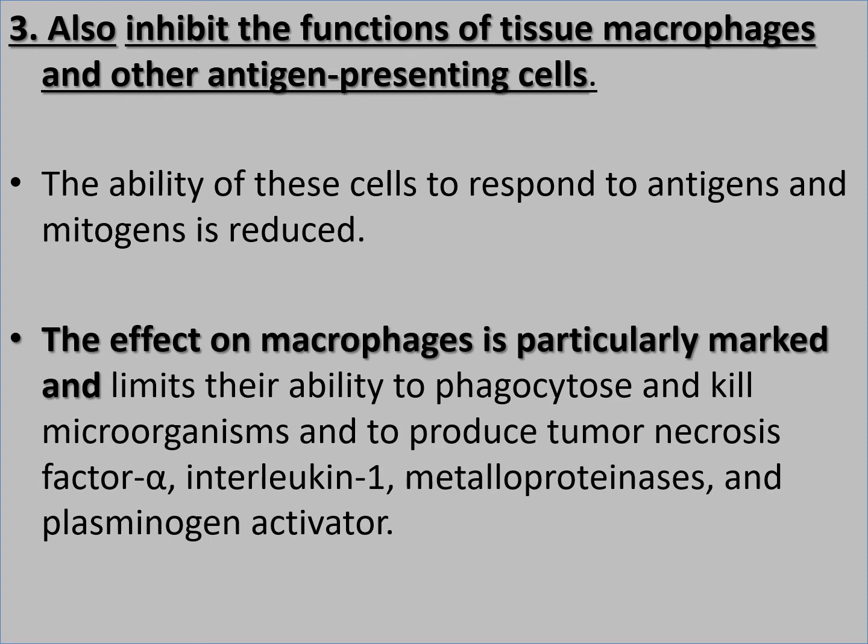That's why glucocorticoid was not prescribed in corona in the initial months, because we thought that it has anti-antigenic effects and it will cause immunosuppression and decreased production of antigens and antibodies. The effect on macrophages is particularly marked and limits their ability to phagocytose and kill microorganisms, and that's why they cannot produce tumor necrosis factor alpha, interleukin 1, metalloproteinases, and plasminogen activator.